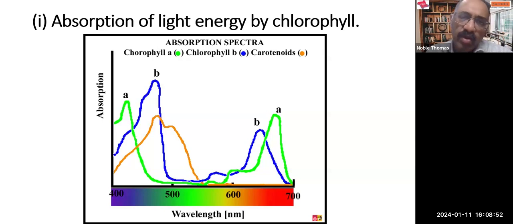If we look at a graph of chlorophyll A against B against carotenoids, which are other pigments available in plants, or xanthophyll, or many other pigments other than chlorophyll which can convert light energy into chemical energy, we can see that the maximum absorption happens in bluish colored light and in reddish colored light.